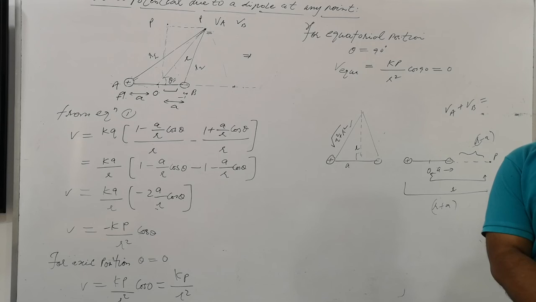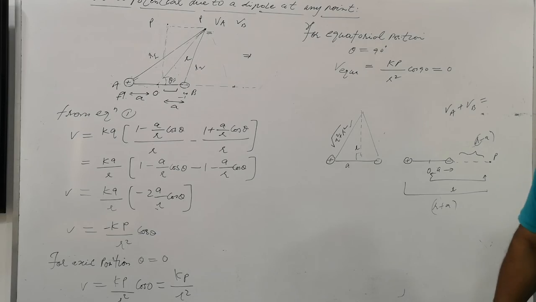And next, find the electrostatic potential at a point on the equatorial position due to an electric dipole.